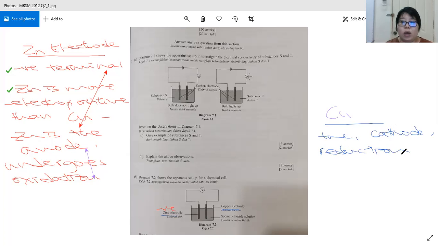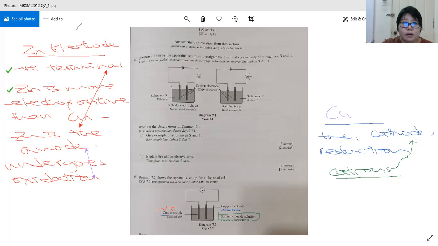Now what we have to know here is which is the species or the substance that undergoes reduction. Then we are going to look for the cations. Cations are always attracted to the cathode. So from where do we get the cations? Of course, it is from the sodium chloride solution.